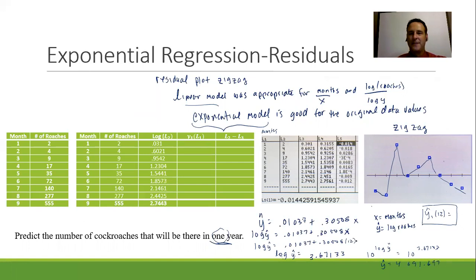Now that's what I got from this rounded piece here. Had you done this by using the shortcut formula, you would have gotten something a little bit more exact than what I have, but it should be pretty close. Which is a lot of cockroaches after that short amount of time, which is just a year. Hopefully that all made sense.